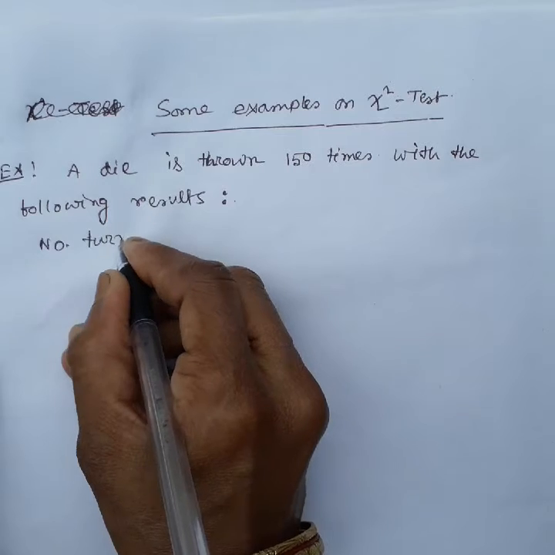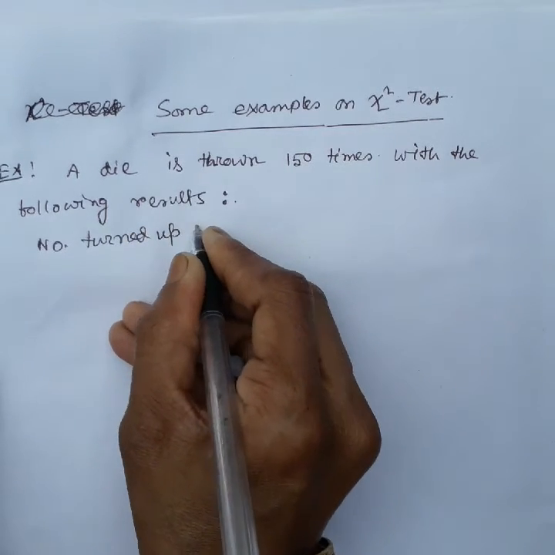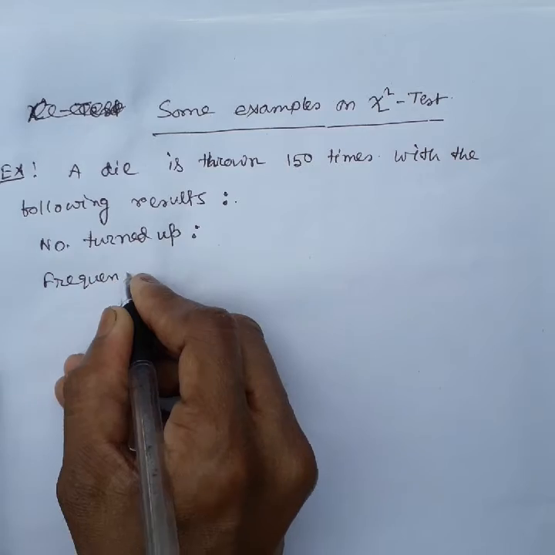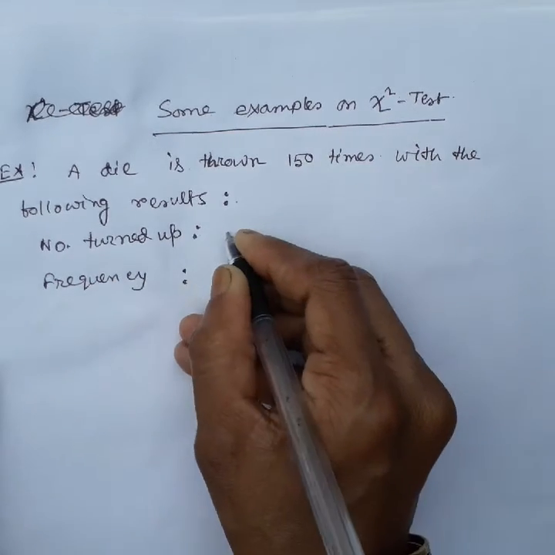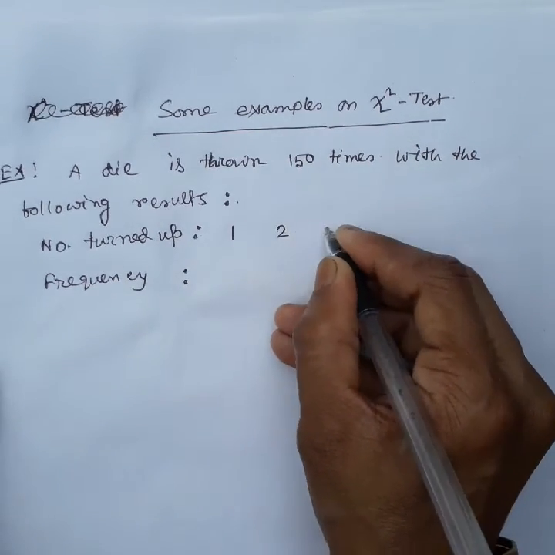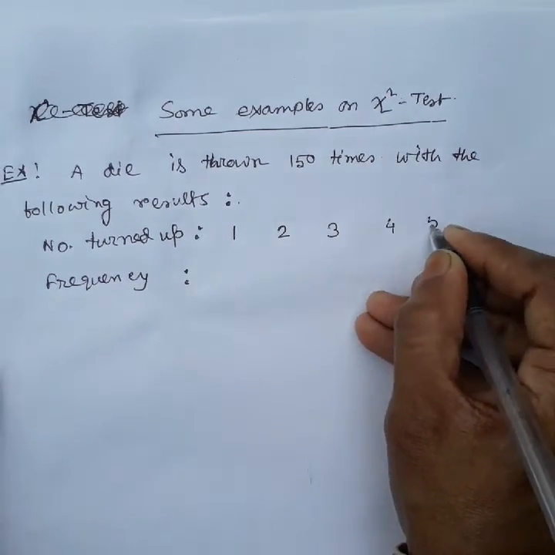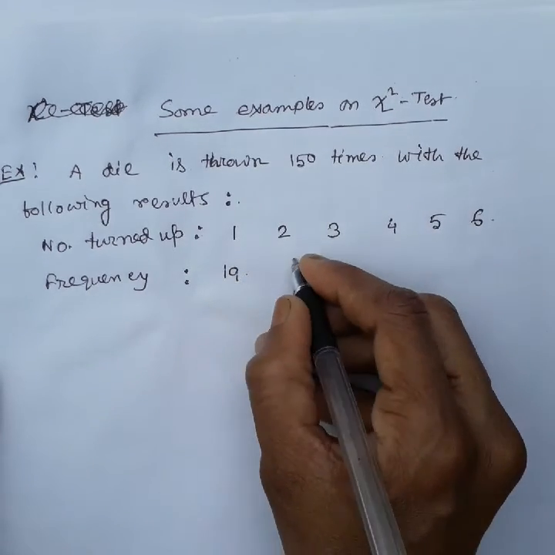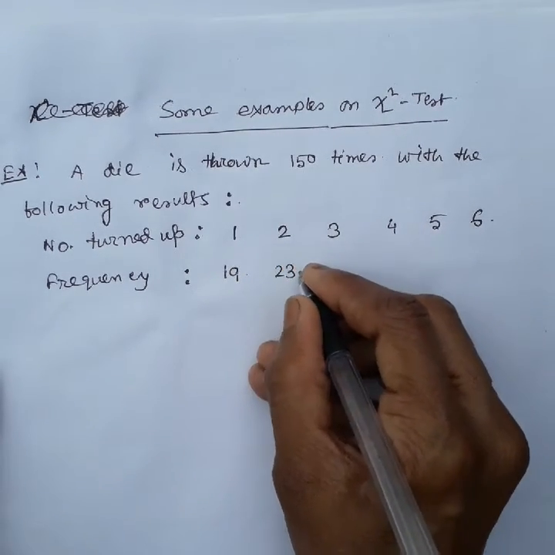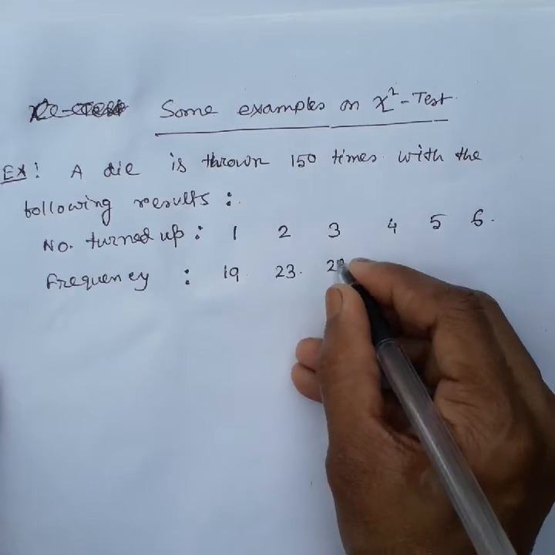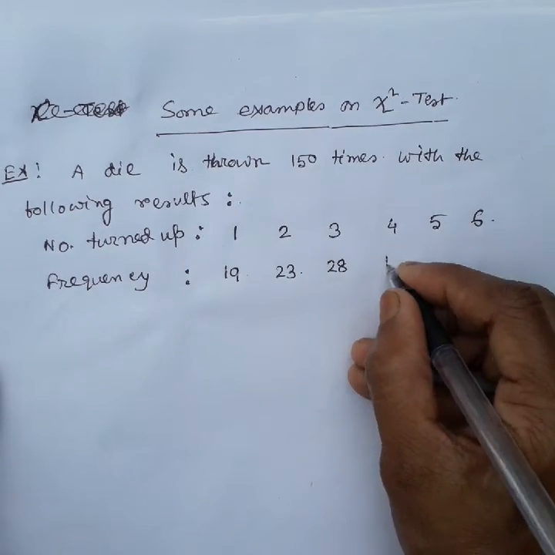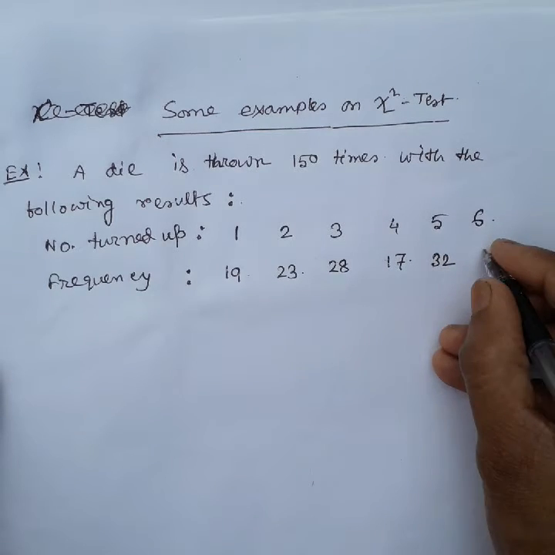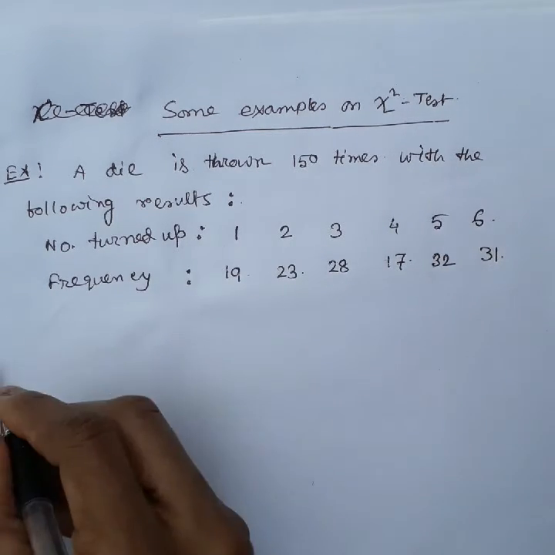Number turned up and frequency: 1, 2, 3, 4, 5, 6 with 19 times, 23 times, 28 times, 17 times, 32 times and 31 times.